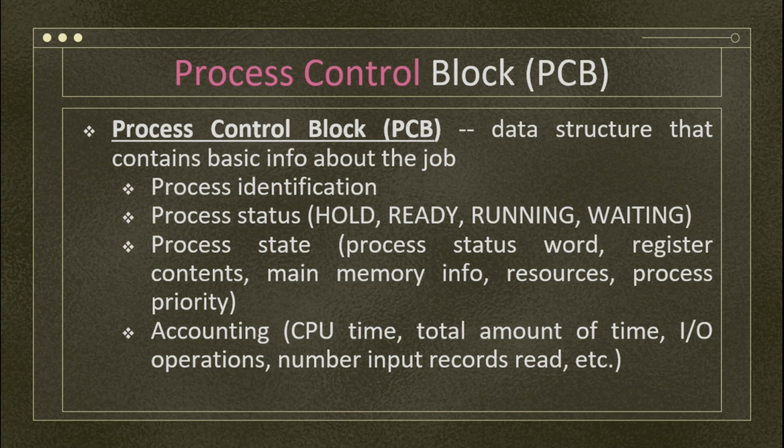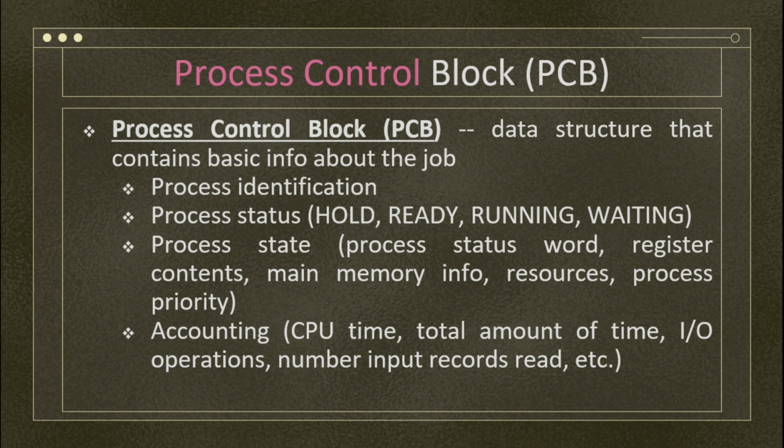Next is process state. Process state refers to the current condition or status of a process in an operating system, which includes the process status word, a data structure used by the operating system to keep track of the current state of a process.